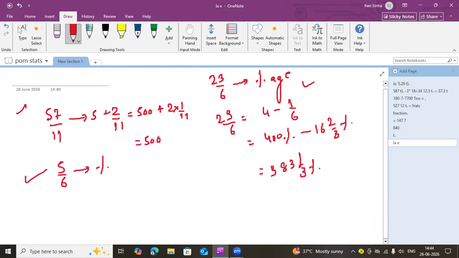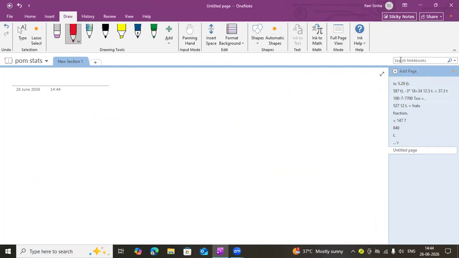So 500 plus 2 into 9 1 by 11%. So 500 plus 18 2 by 11%. So this is 518 2 by 11%.